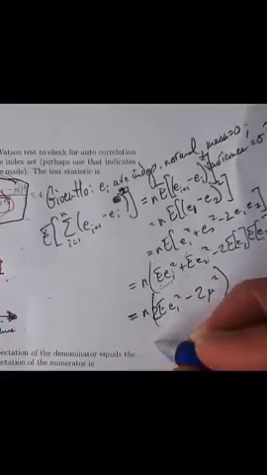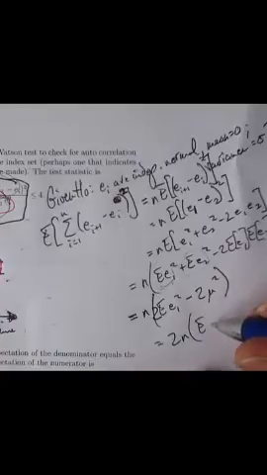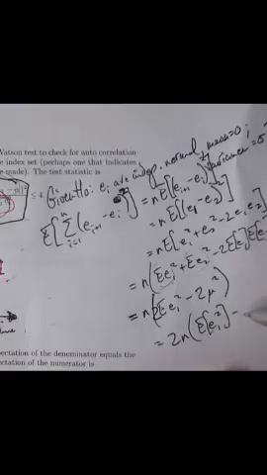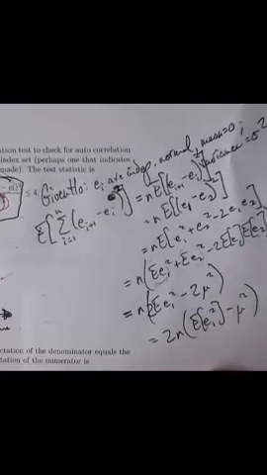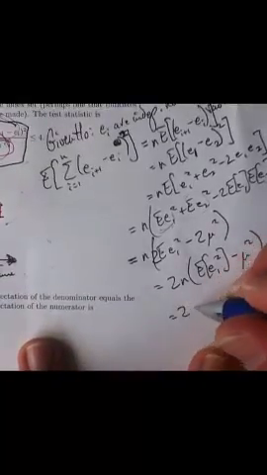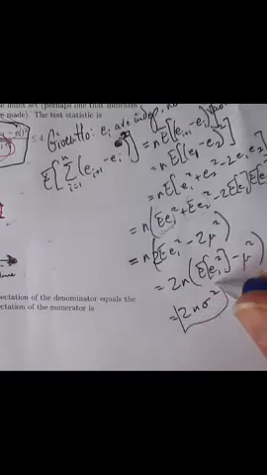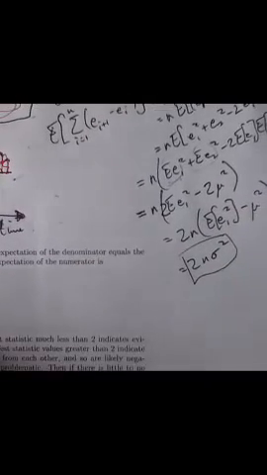I'll factor out the 2, and I get 2n times the expected value of E1 squared minus mu squared. This is just the variance of an error term. So this is 2n sigma squared. That's what the numerator evaluates to.